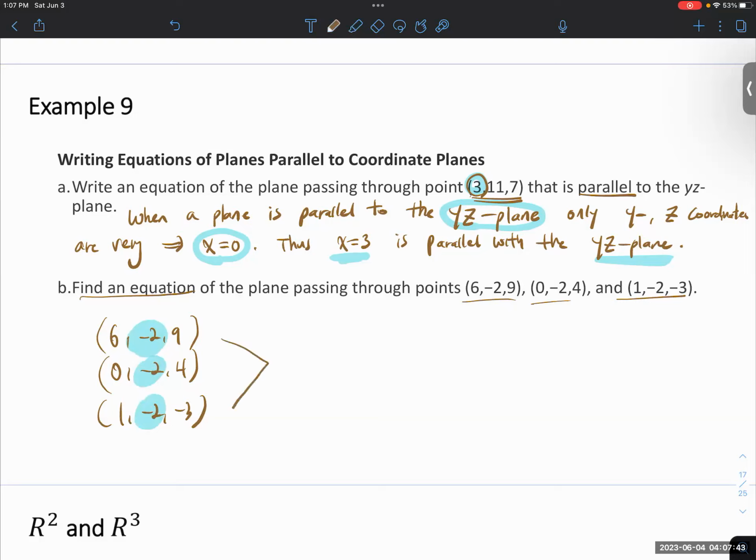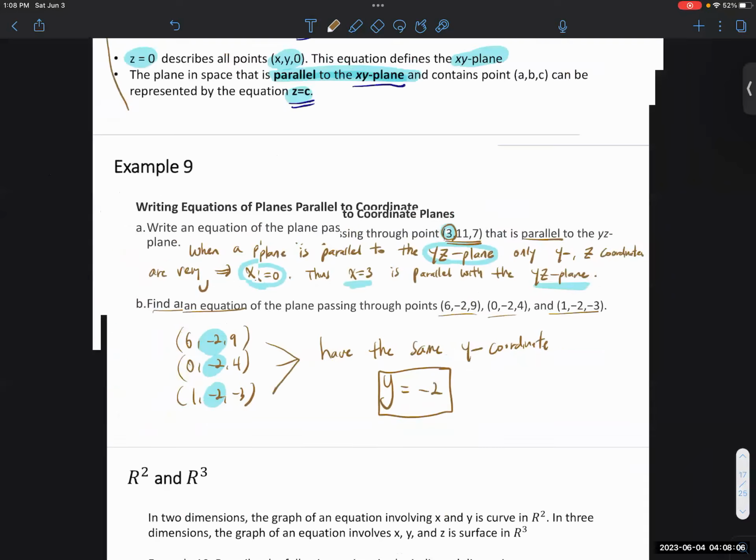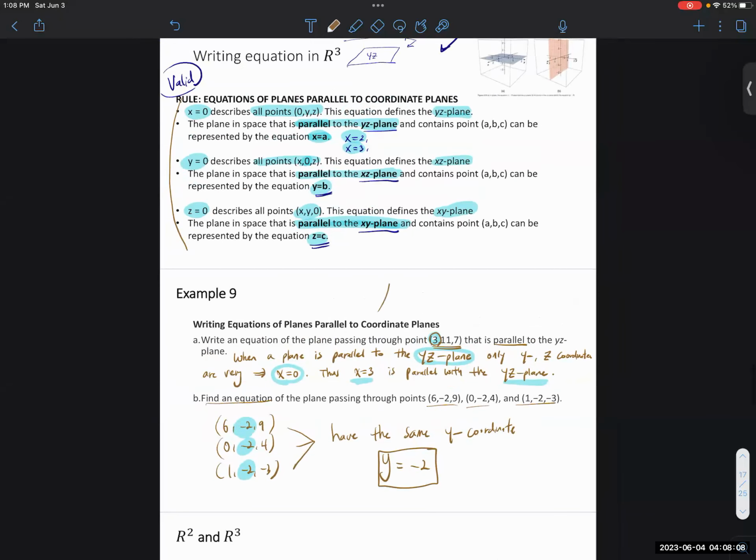So what happened? These three points have the same Y coordinate. Therefore the plane is going to be parallel, Y equal to negative 2. So this is the equation to describe this information. I'm not using any fancy work, just the definition of three-dimensional space.